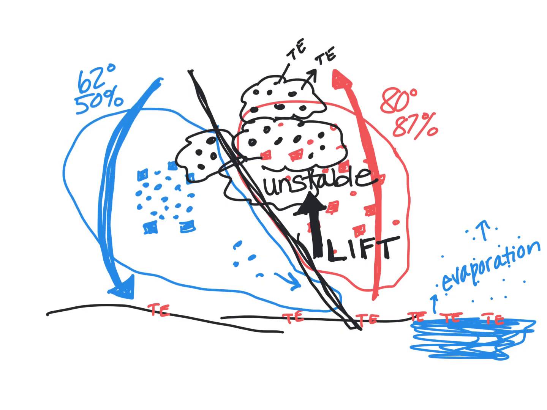Now this also allows more cloud formation. So these clouds just keep building and building and building until the rain starts to fall. So now I've got rain that's falling. All right, now notice it's just along the front.